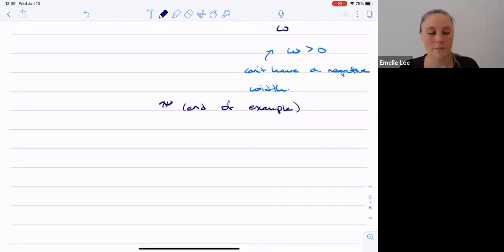The domain. There are 3 important things that we need to keep in mind for the domain. And it yields illegal math if we divide by 0 or take the square root of a negative number or take the log of anything but a positive number. So I'm just going to outline those rules and then we'll come back and we'll start the example with the domain on Friday.